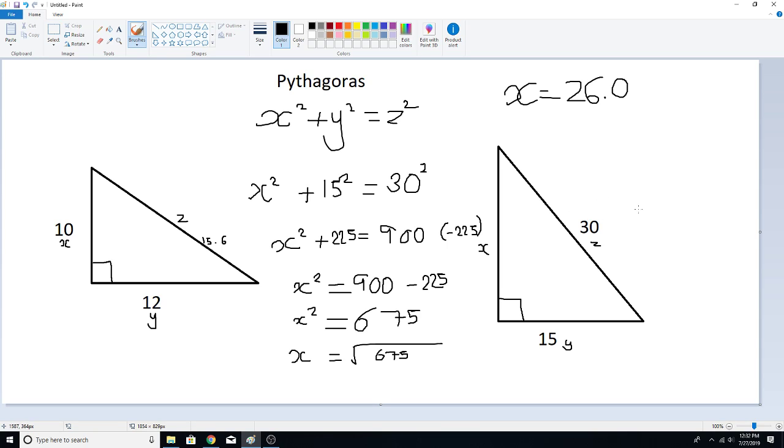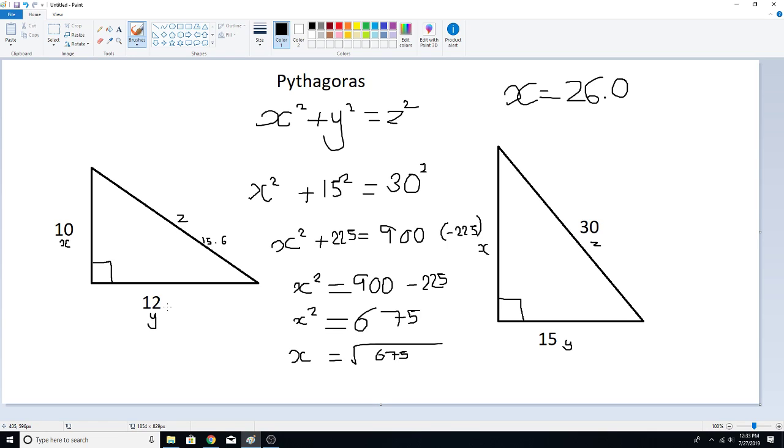These numbers don't have any units with them, like meters or anything like that. But if you are doing a test of some sort, remember to check to make sure all the units are the same on the triangle. So that's 10 meters, that's 12 meters, that's 15.6 meters.